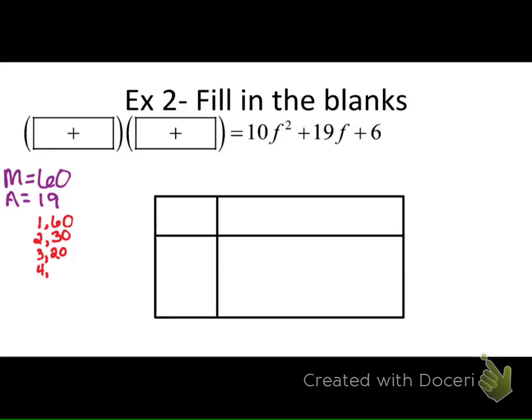If we do 60 divided by 4, what is that? 15, right? And is 4 plus 15 19? Awesome. So that means those are going to be our factor pair, our M and A.